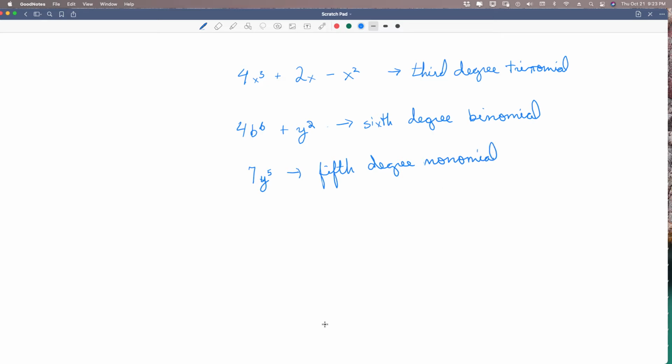Do you see how that works? It's really pretty self-explanatory. It's just whatever the biggest exponent, and they don't even have to be the same variable. You're just looking for the highest exponent. That determines the degree. The number of terms determines whether or not it's a trinomial, a binomial, or a monomial.